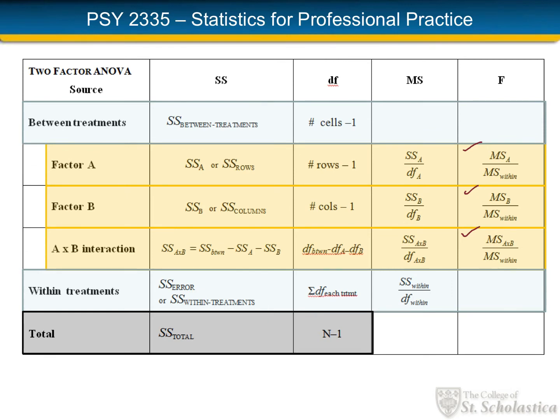You can see that the same mean square within shows up in the denominator of each of those F tests, and we'll compute it the same way as we did in our one-way analysis of variance. The sum of squares that's within treatments will be divided by its degrees of freedom to give us a mean square within. Our degrees of freedom for within will be the number that we would have for each treatment.